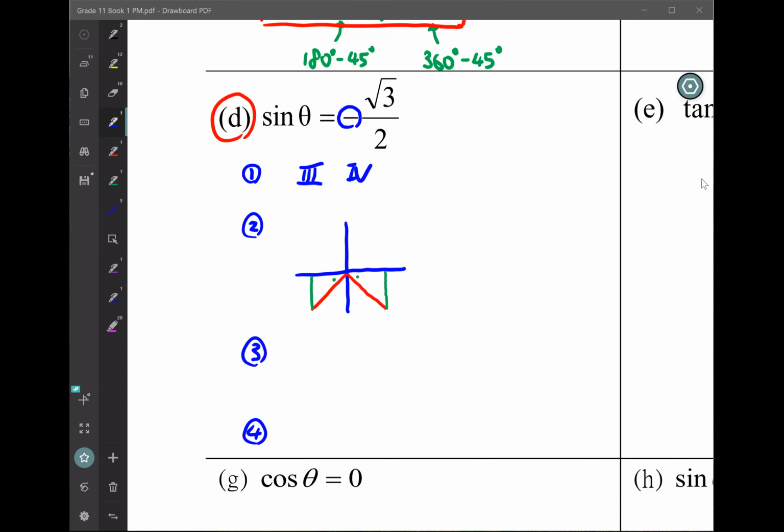Okay, Jiawen, so what's your step 2? What's step 2 called? Side ratio. Yep, so what are the side ratios here? Square root 3 and 2. Yep, so where do we put the square root 3? Which side?